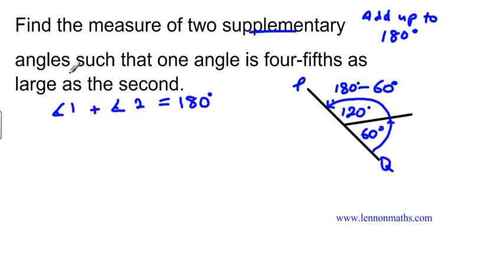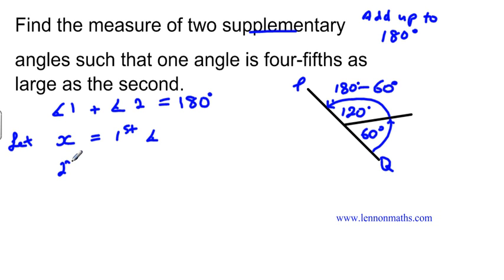Now what we're told is that one of these angles is 4/5 as large as the second. So let's take the first angle to be x. I'm going to let x equal the first angle. And therefore, the second angle will be what?